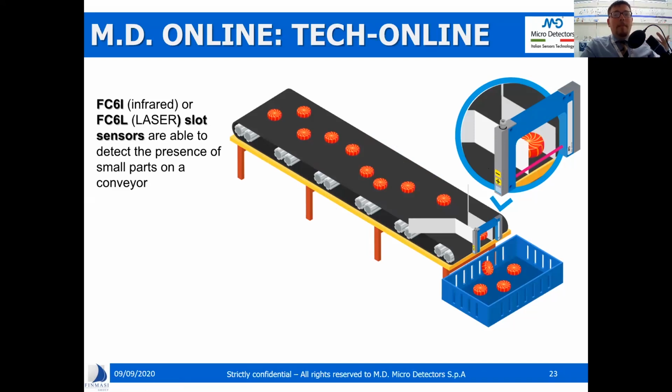In fact, you can imagine how many of these small sweeties can be transported per each second, thanks to this conveyor. So we need a very fast sensor.